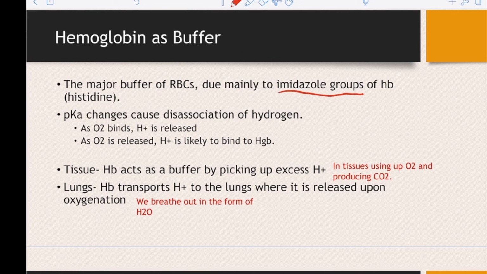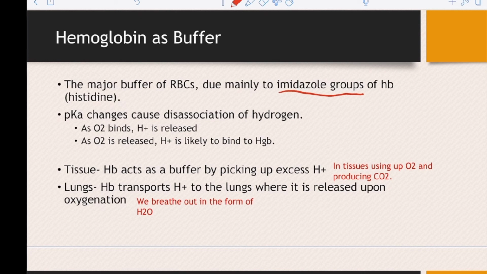So that's just something to take note of, is that hemoglobin is not acting as a proton carrier, or it's not holding on to protons as long as oxygen is present on those red blood cells. It's only after the O2 has been released that those protons are going to be picked up by the hemoglobin. Okay.